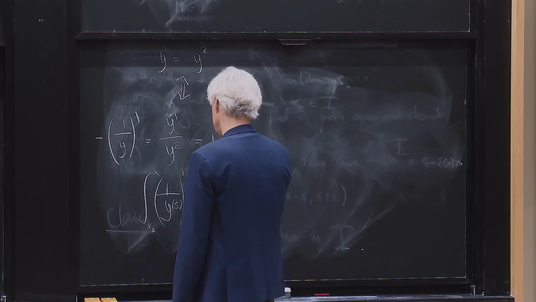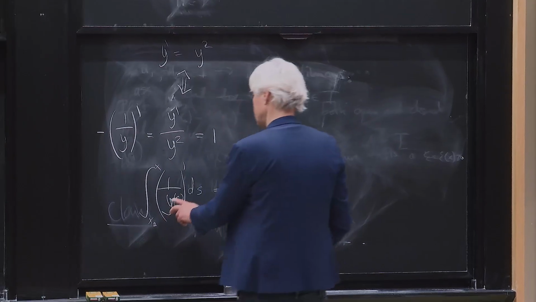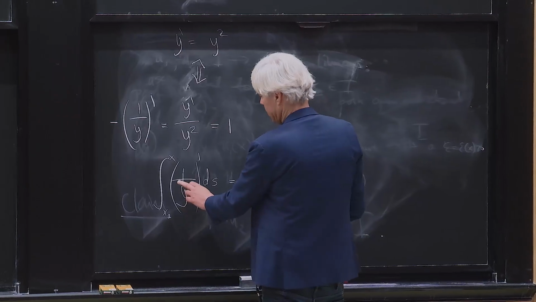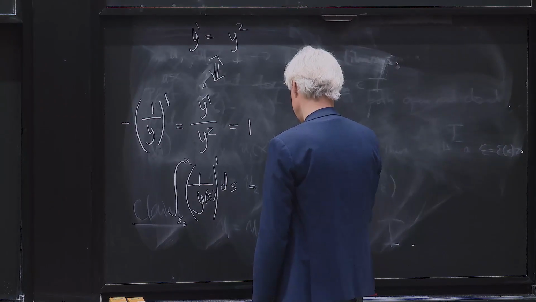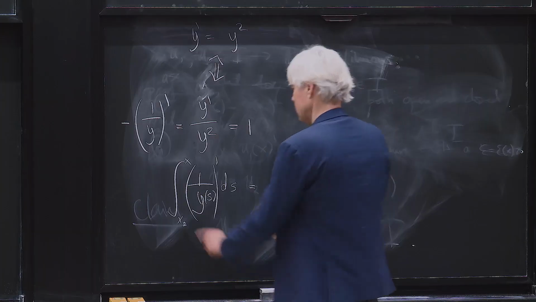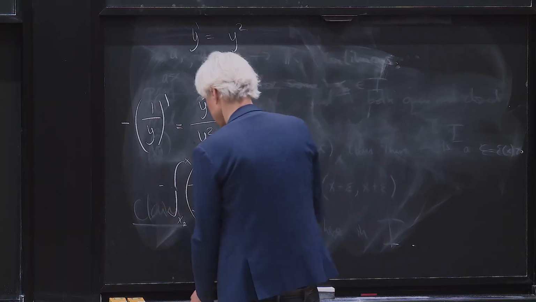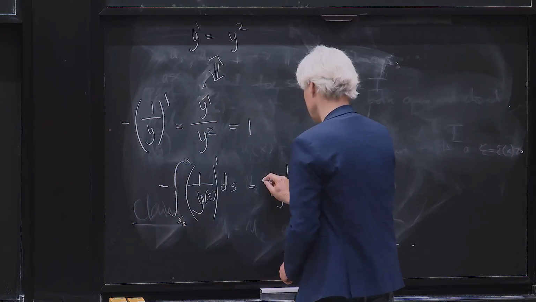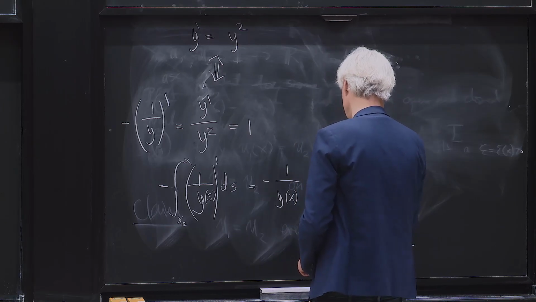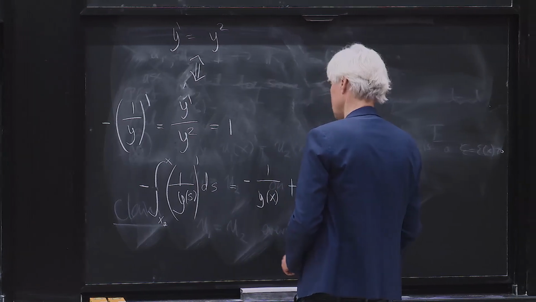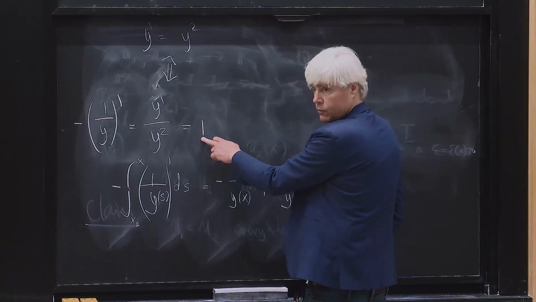then what you get is that this thing here is equal to, on one hand, by the fundamental theorem of calculus, 1 over y of x, minus, and then there's a minus sign, sorry, because of this minus sign. So it's minus this plus 1 over y of x0. And on the other hand, it's equal to this.